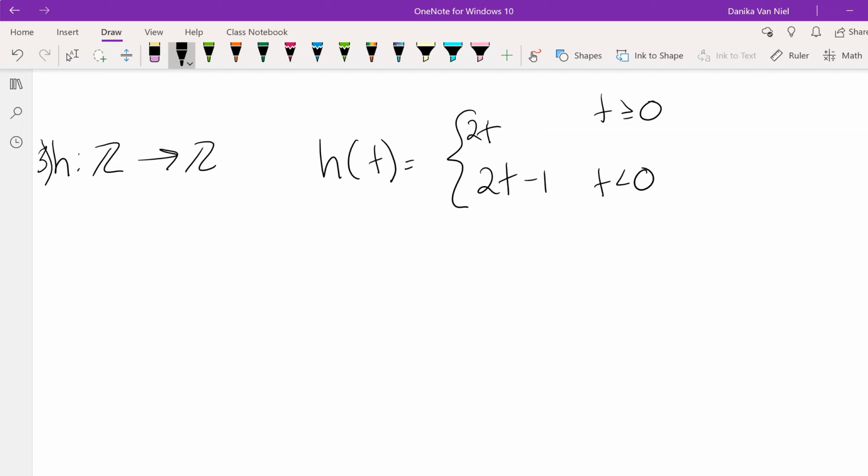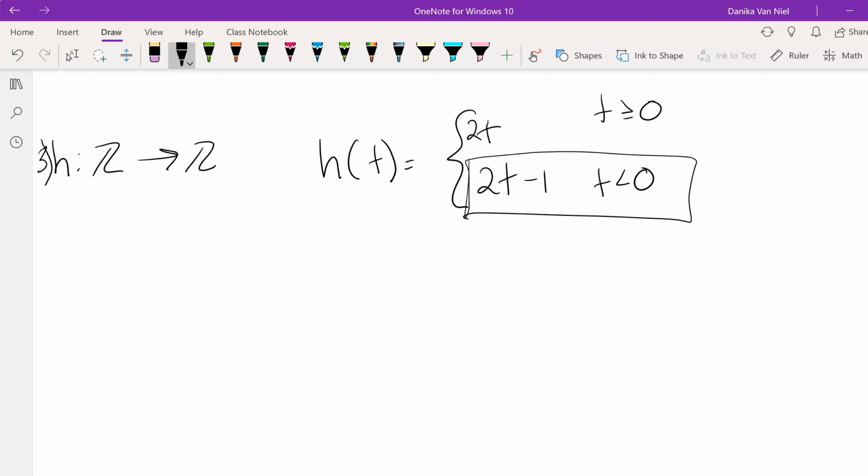So injective: positive to positive stuff is one-to-one. This is an injective function, taking non-negative integers to 2 times that. And this other piece is also injective, taking a negative integer and sending it to 2 times itself minus 1.